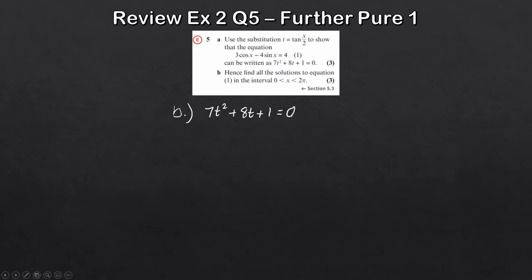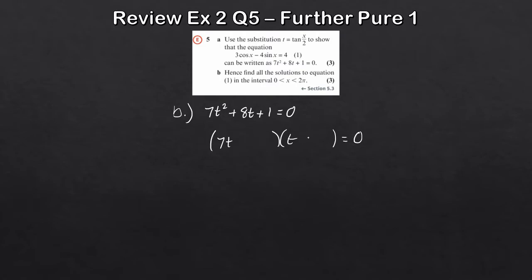Well, I want to solve this. Like I said before, a good way of doing this is often just to factorise. So if I look at this, can I factorise it? Of course I can. The first thing I can do is put 7t here, and then put both my brackets. So we need it to times to give us 1, add to give us 8t. Obviously we've got to take into account this is a 7t at the beginning.